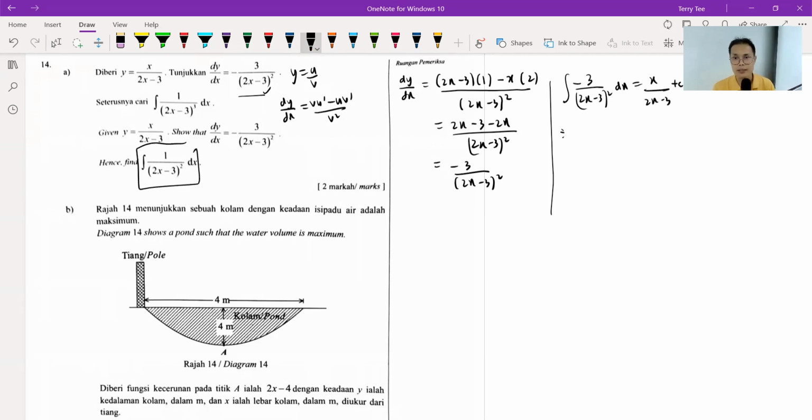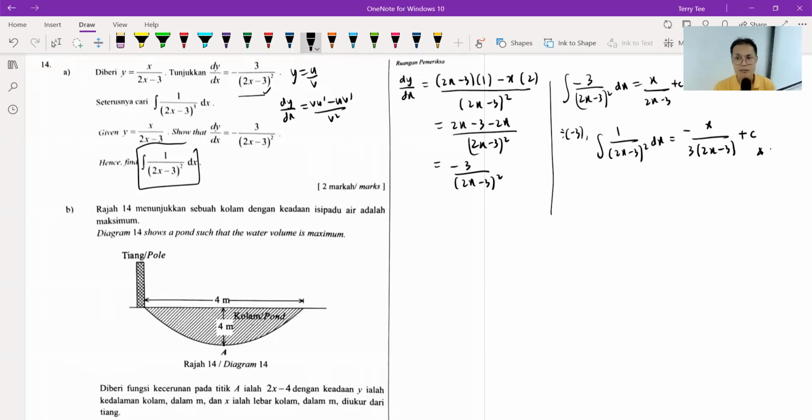So I'm going to divide by negative 3 on the left and on the right. When you divide by negative 3, we write this as negative 1 over 3, and you have x over (2x minus 3) plus c. Sorry, there's an x on top as well.